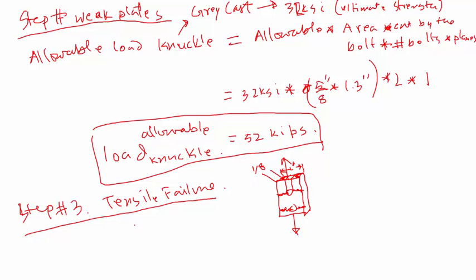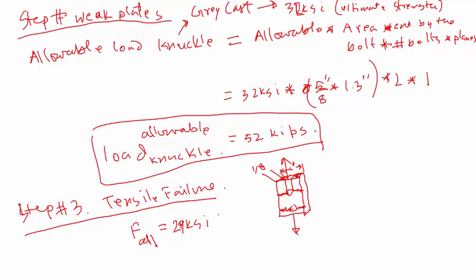If we calculate the allowable tensile load, that's going to be the allowable stress, which for the A36 carbon steel type of plate is given as 29 ksi. You can find that from the table.